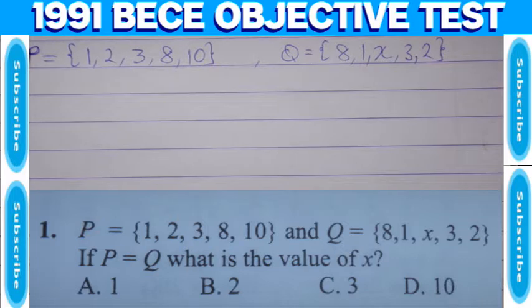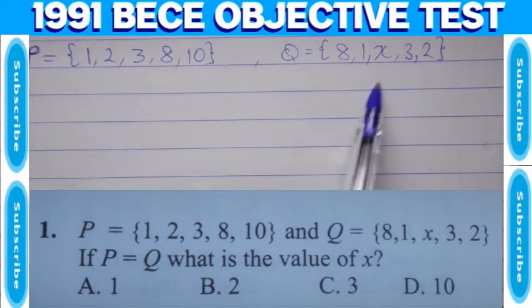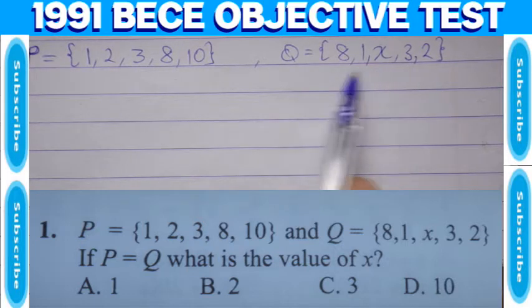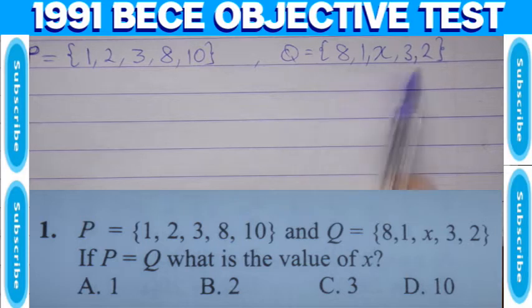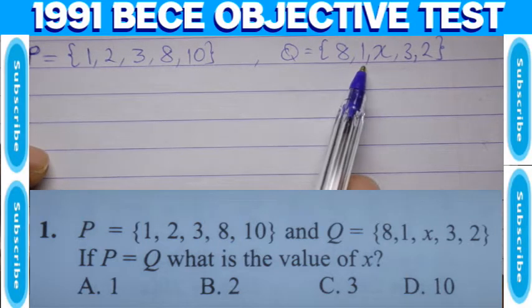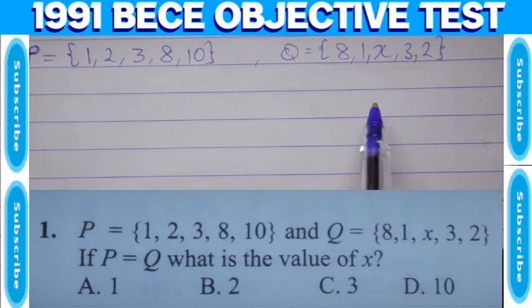And the question says, if set P is equal to set Q, what is the value of x? So taking a look at set P and then comparing it to set Q, first off, we have to arrange the members of set Q in the same order, beginning from the least. So we have to arrange it in ascending order.